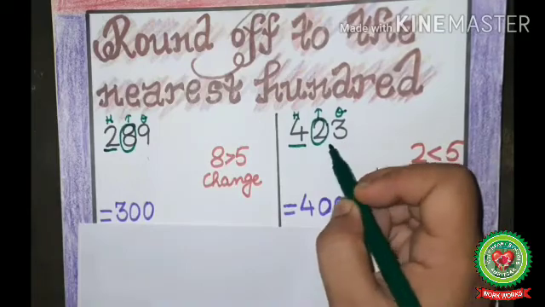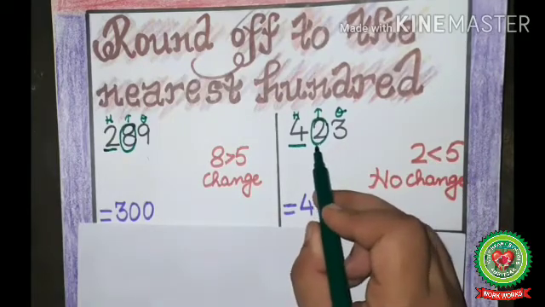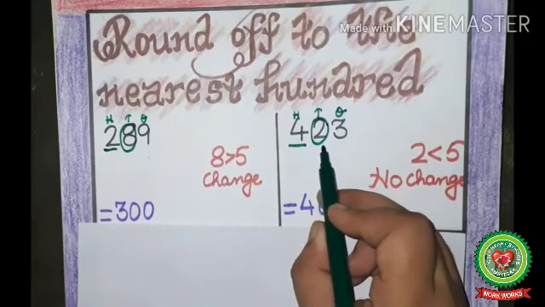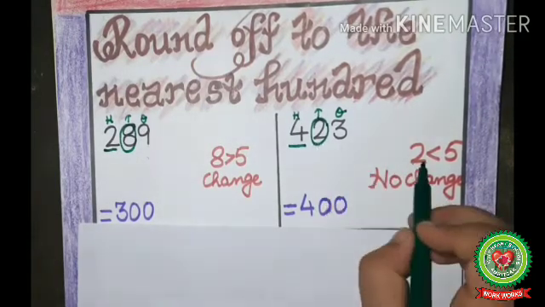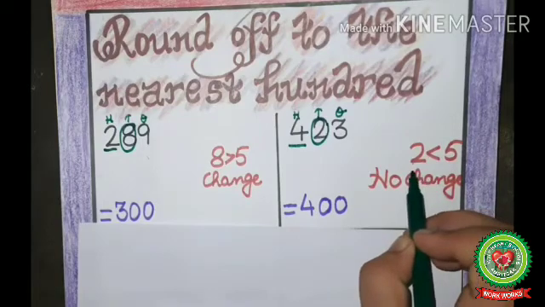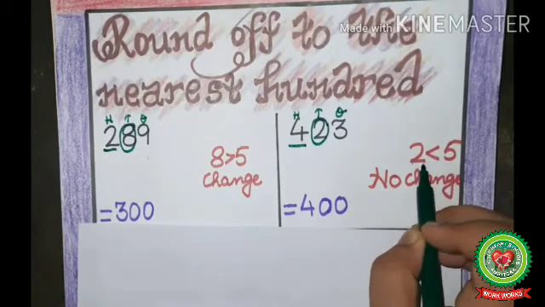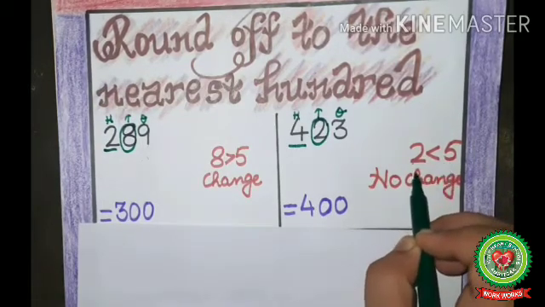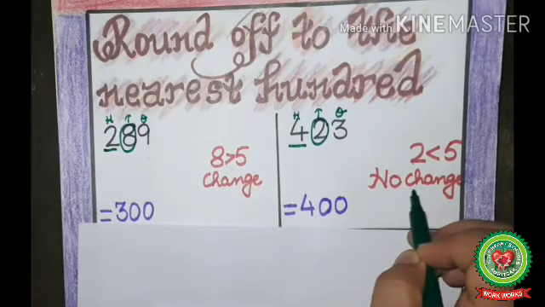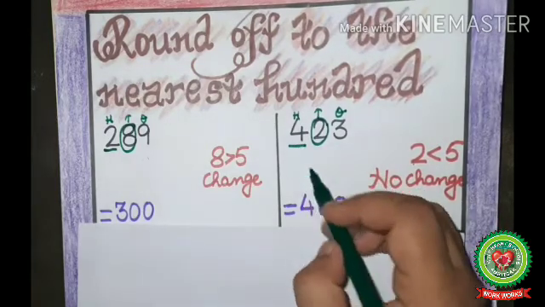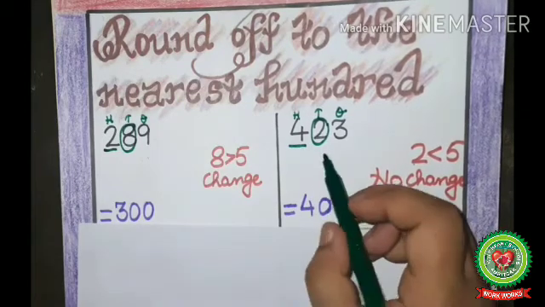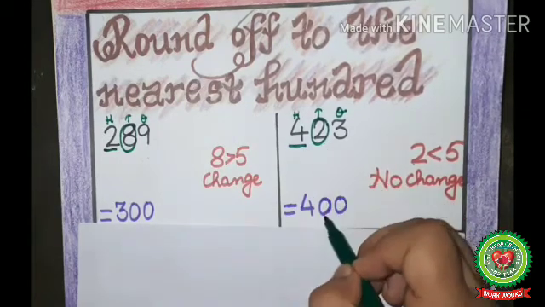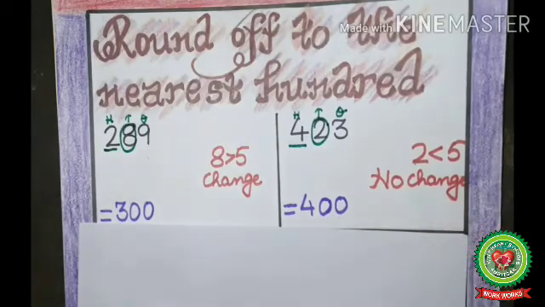Now next step is compare the circled digit with 5. Circled digit is 2. So we will compare this 2 with 5. We know that 2 is less than 5. Less than means no change. So 4 will come as it is. There will be no change in 4. And the next 2 digits will become 0, 0.